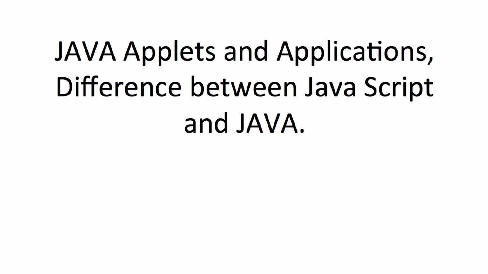So, the lecture today is Java applet applications, and the difference between JavaScript and Java. In my previous lecture, we discussed the introduction to Java, object oriented programming and the object oriented programming features of Java.